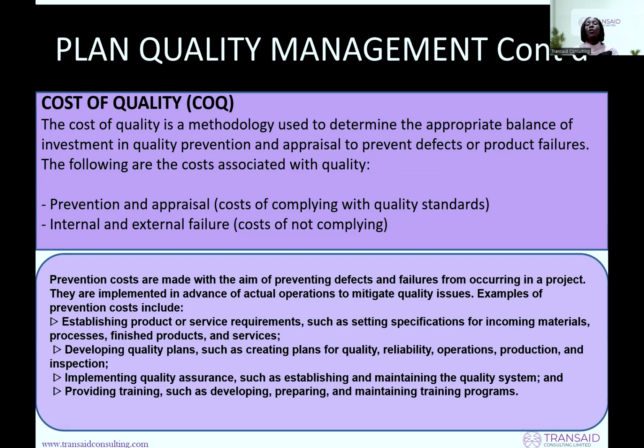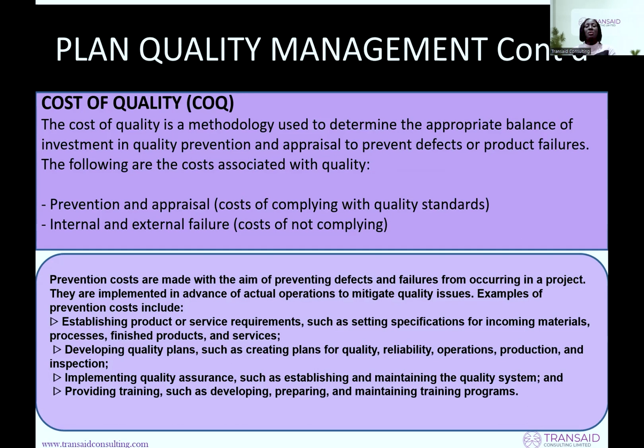These are costs of complying with quality standards. Then you have internal and external failure. These are the costs you incur if you don't comply. So people will return things, you will be repairing, and the rest of them. So please take your time to go through. I've given much detail there.